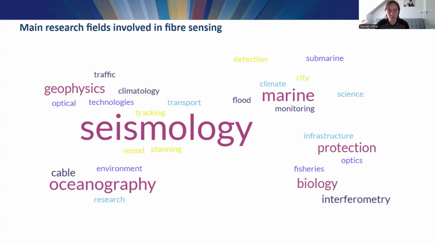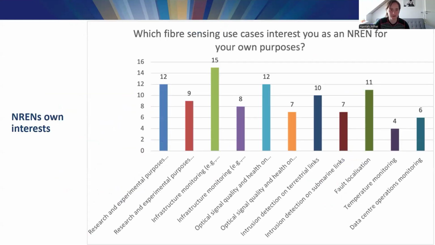We had a few more that were also interested in protection and infrastructure, which is also a research field, but it was less prominent and comes in more later in the survey.